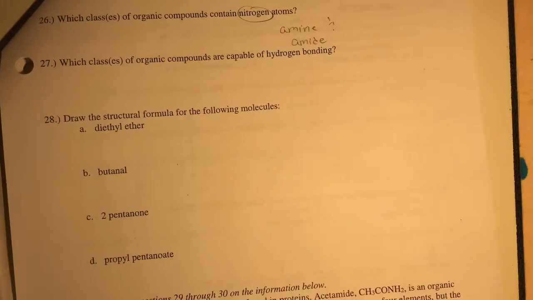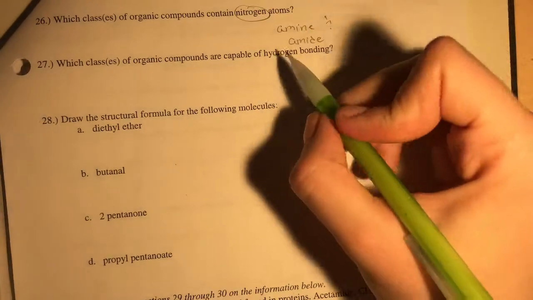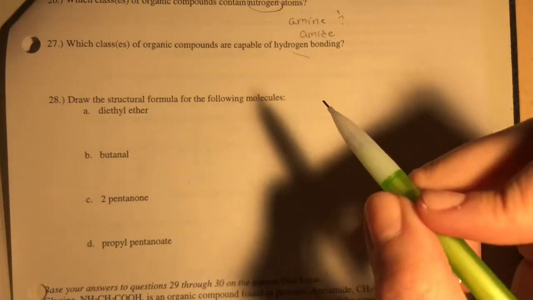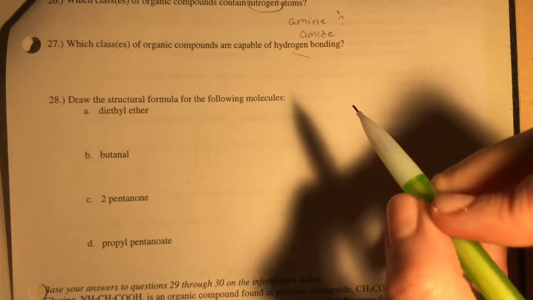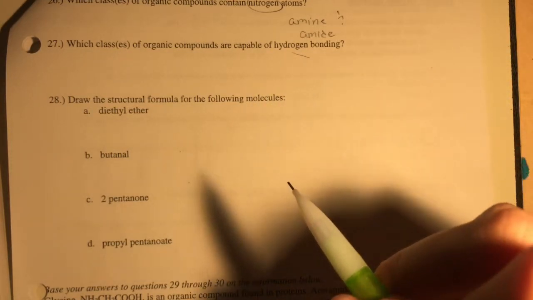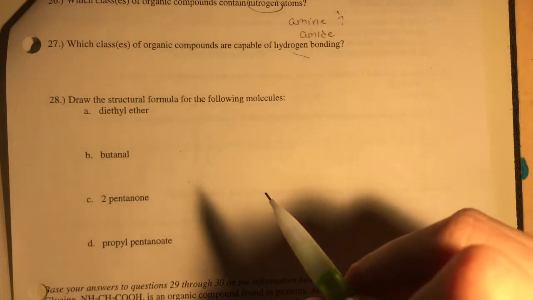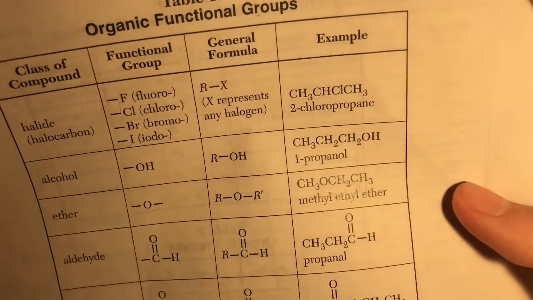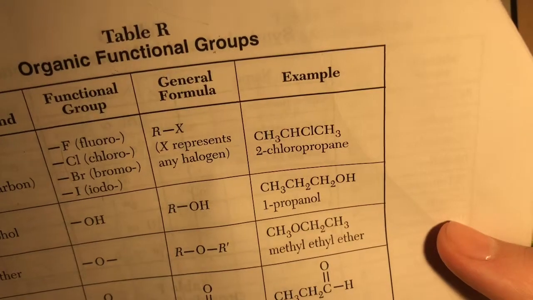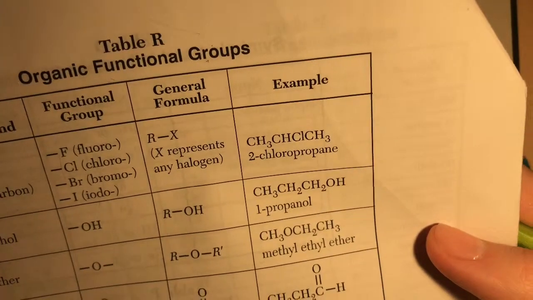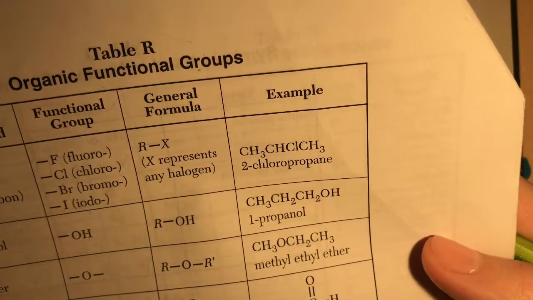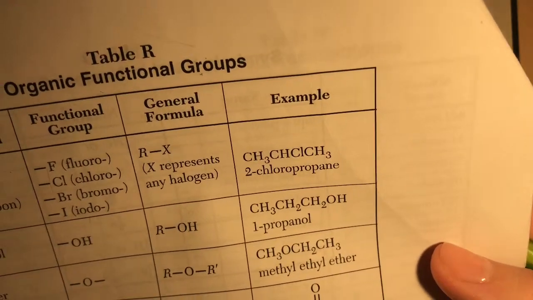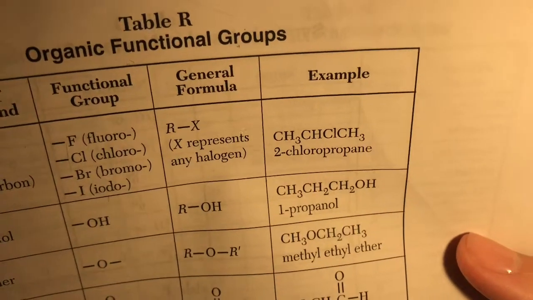Which classes of organic compounds are capable of hydrogen bonding? Let's see, hydrogen bonding. Well, we have alcohol, organic acid.